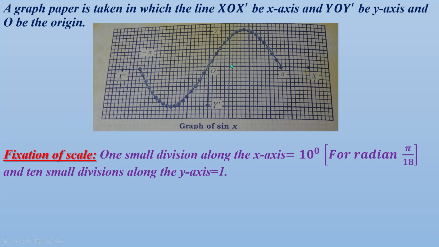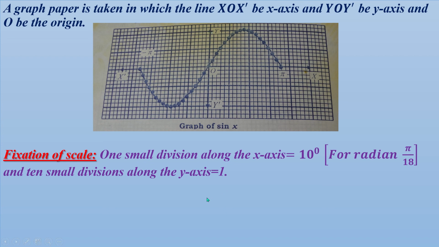Like this way you have to write. And 10 small divisions along the y-axis equal 1. That means 1, 2, 3, 4, 5, 6, 7, 8, 9, 10. This up to 10 equals 1.